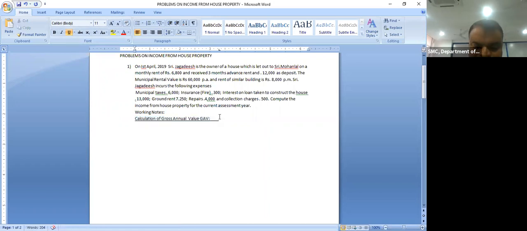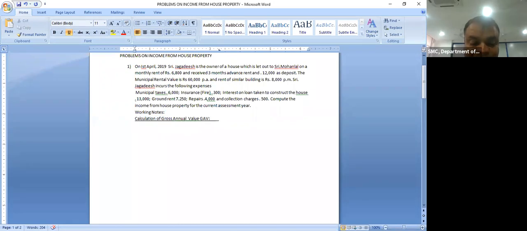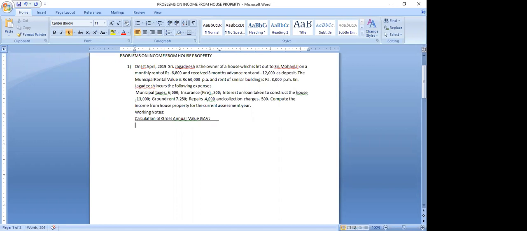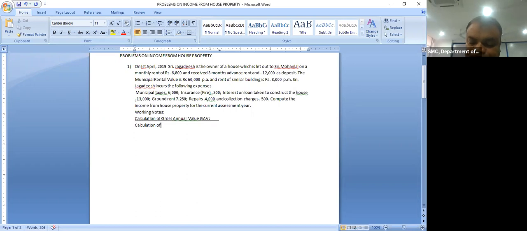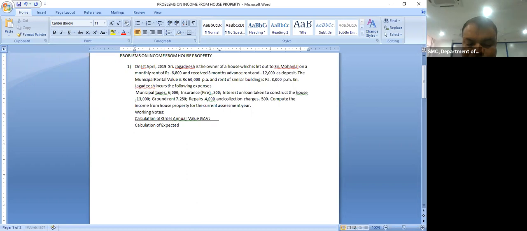Step one, you have to calculate the municipal, or the notional rent, the expected rental value.